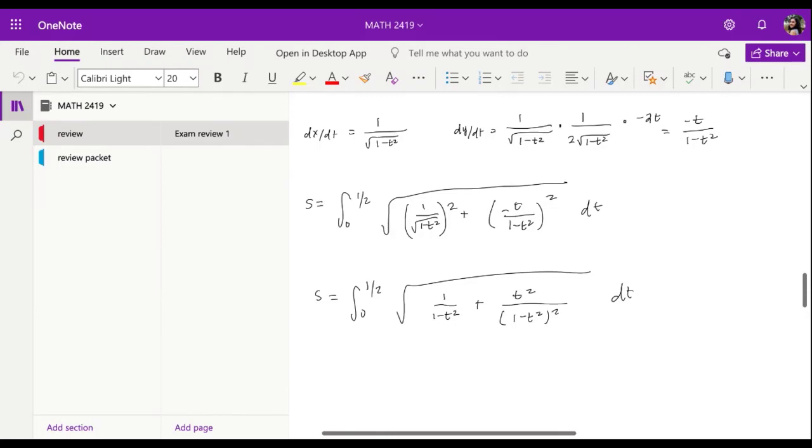So if we get it to a common denominator, we'll have S equals the integral from 0 to 1/2 of the square root of 1 minus t squared over 1 minus t squared plus t squared over 1 minus t squared.